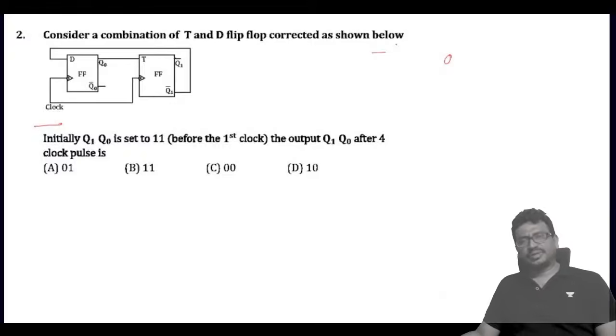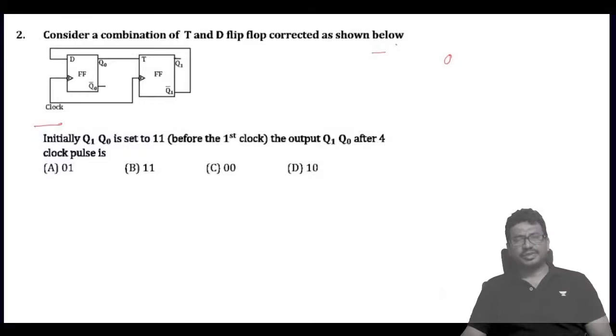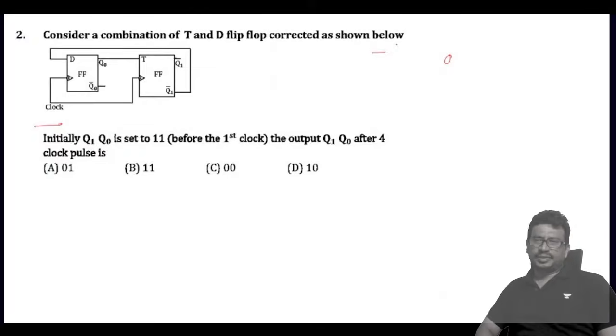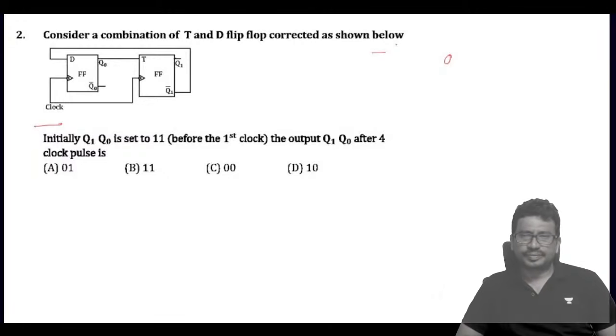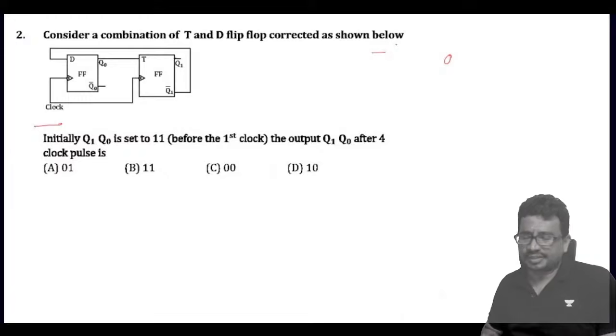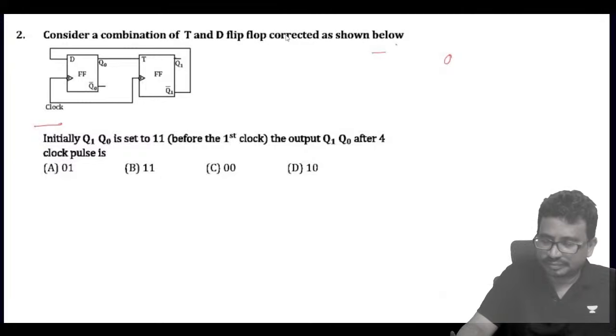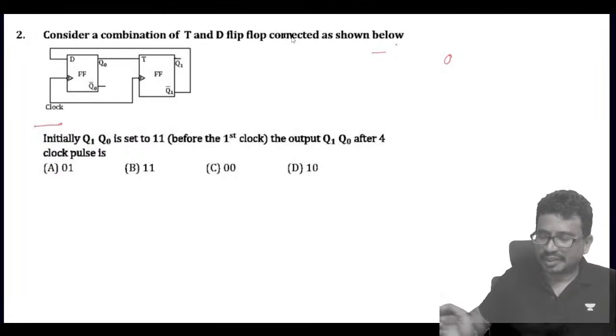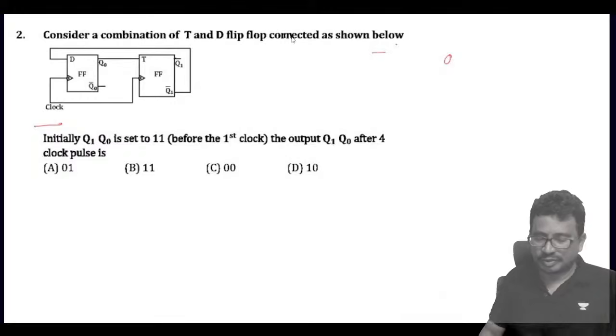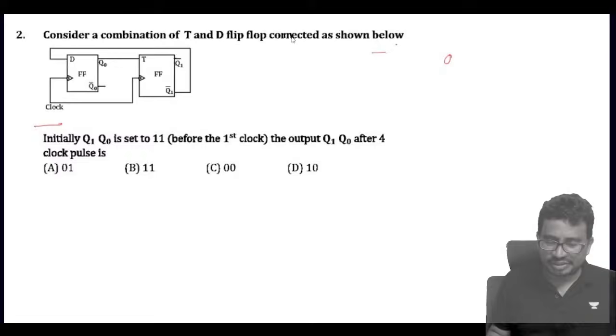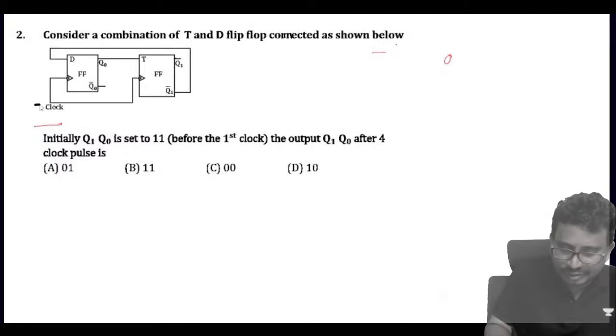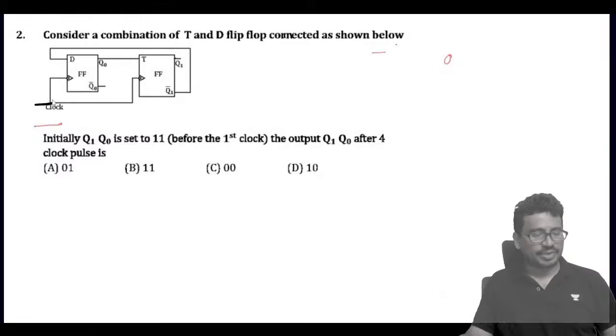Next you can tell me, consider a combination of T and D flip-flops connected as shown below. They ask to find the initial state. So this clock, what type of counter do you see?